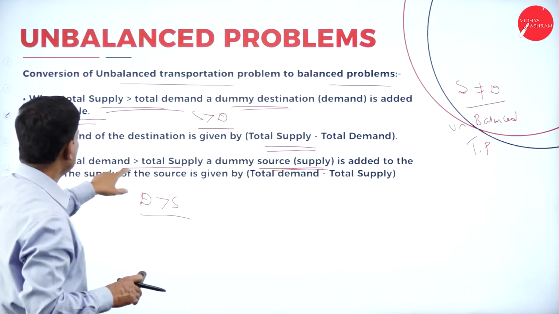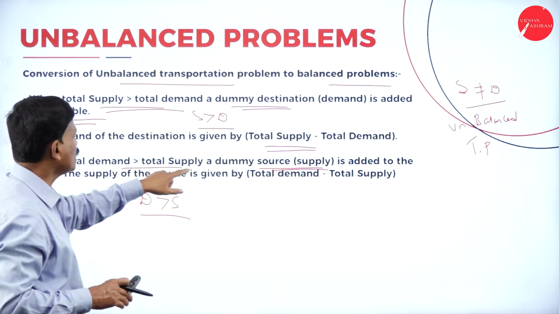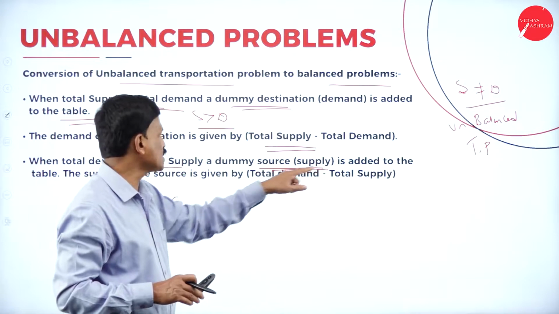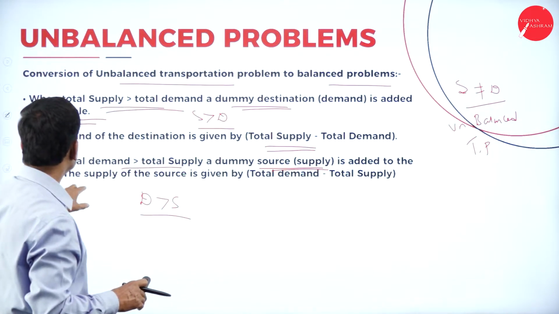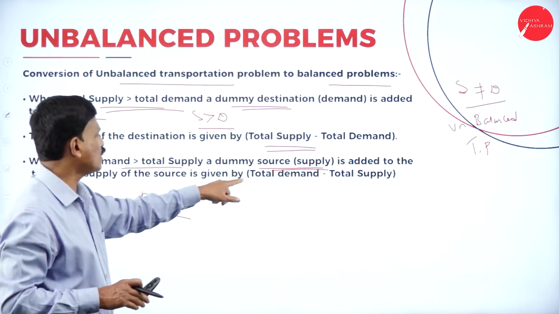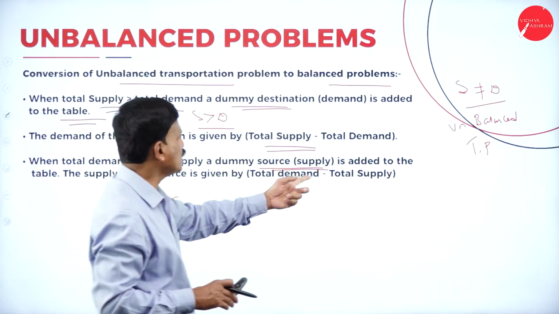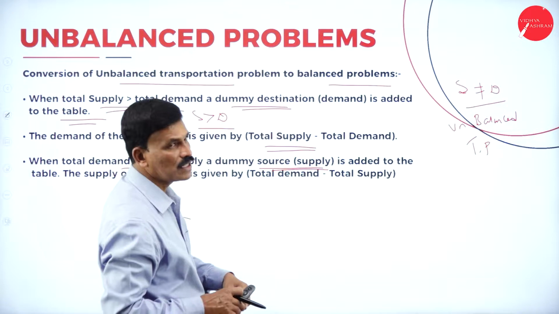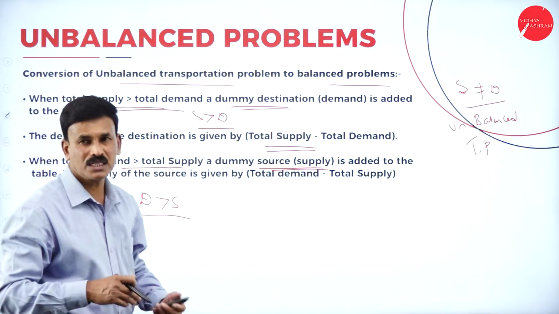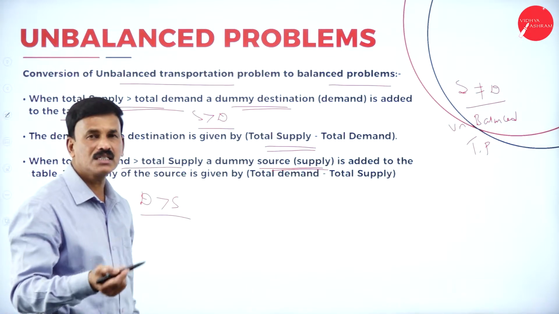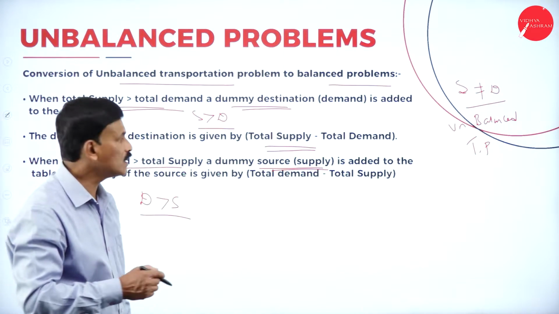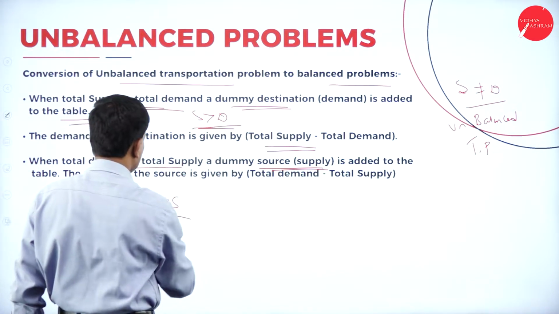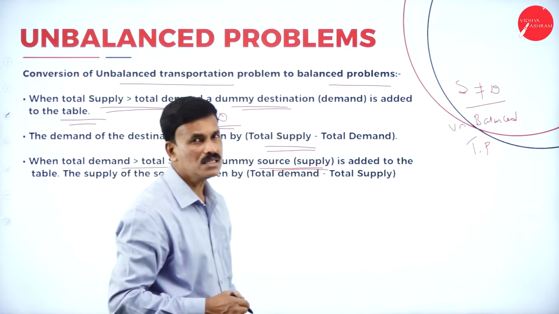If the demand is greater than the total supply, a dummy source, that is the supply, is added to the table. The supply of the dummy source is given by the total demand minus the total supply. So the difference between the supply and the demand is to be added either in the row or in the column, depending upon whether the supply is greater than the demand or the demand is greater than the supply.